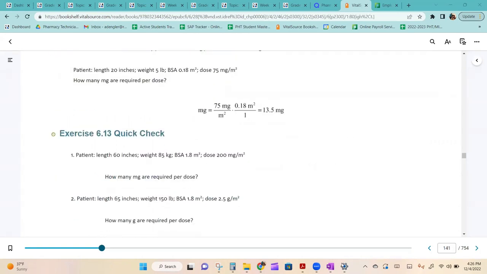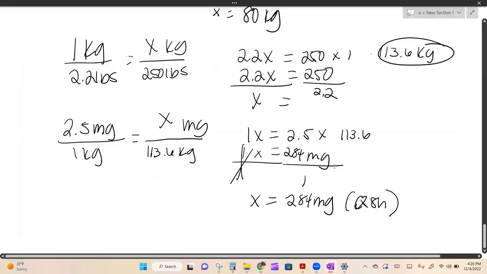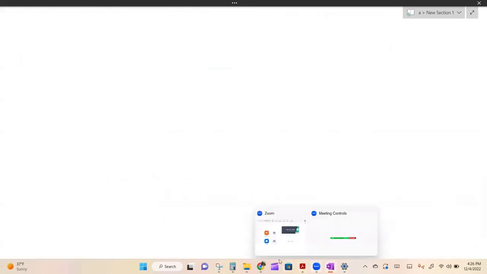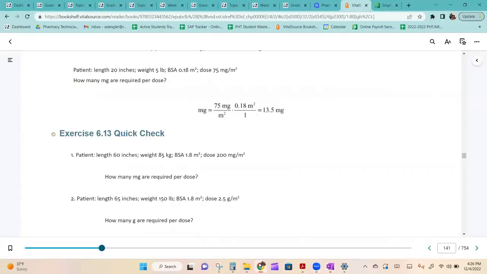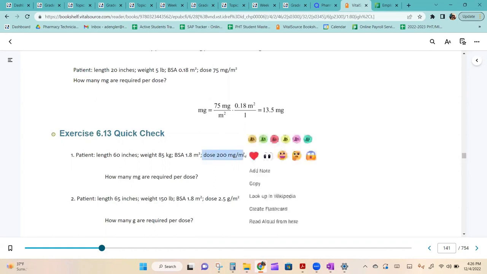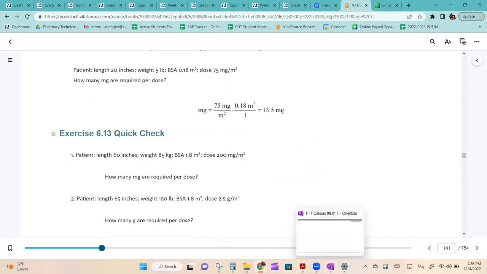Okay, so the question is, how many milligrams are required per dose? So I'm going to look at this dose here of 200 milligrams per meter squared. And I'm going to put that on one side of a proportion. Oops, oh, that two did that.